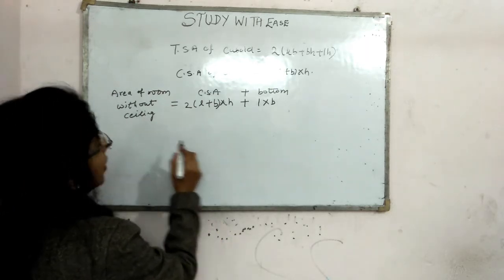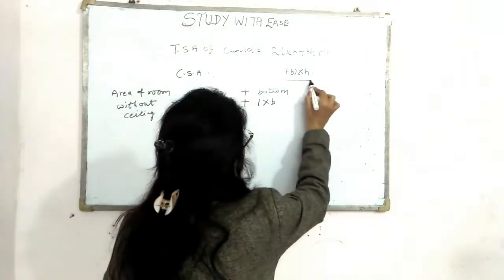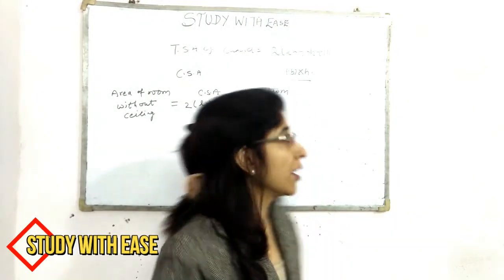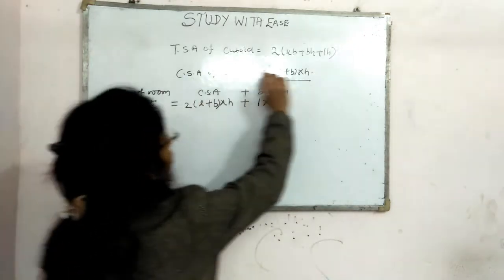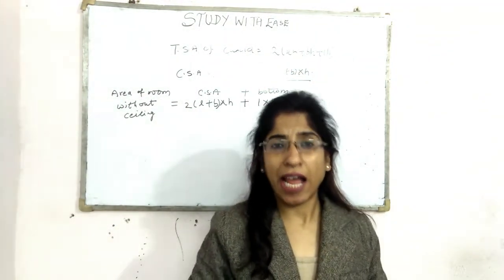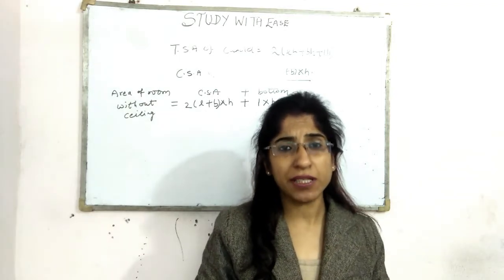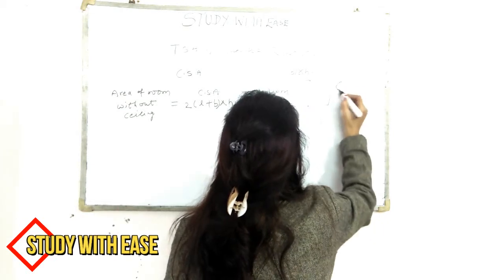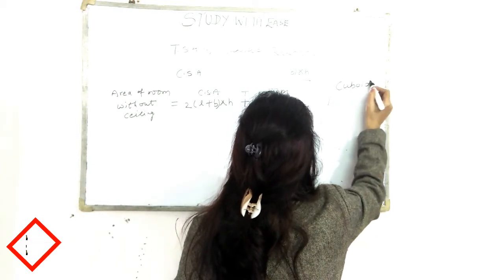And if we want to find the curved surface area of the room, the formula will be 2 into (L plus B) into H. And if we want to find the total surface area of the room, then it will be 2 in bracket LB plus BH plus LH. So these are the formulas for cuboid.